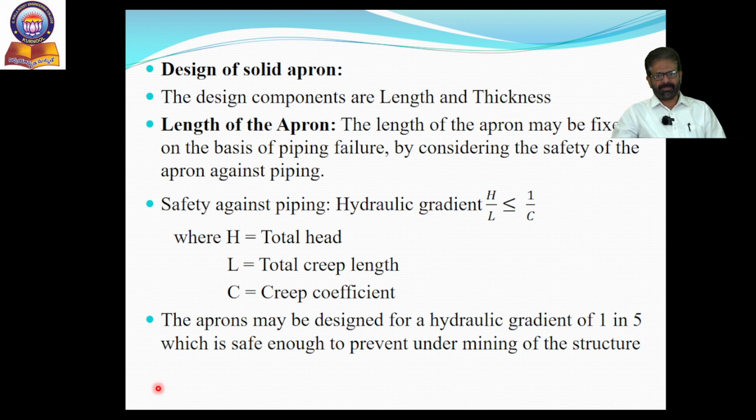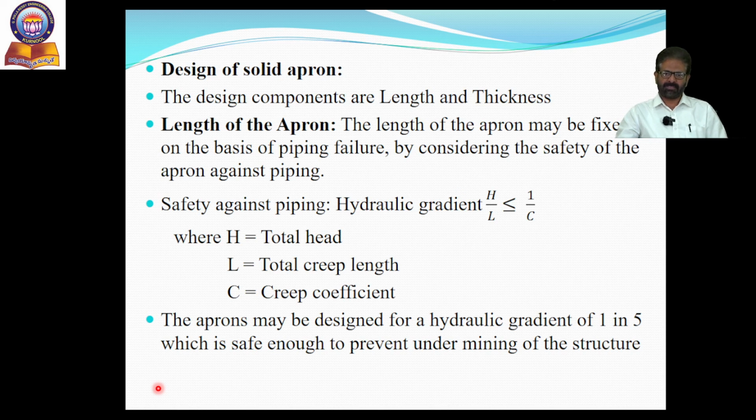The aprons may be designed for a hydraulic gradient of 1 in 5, which is safe enough to prevent undermining of the structure. Generally, how to adopt the value of this hydraulic gradient, in which H by L is equal to 1 by C, where C is the creep coefficient? Generally this creep coefficient as per Bligh's theory is in between 5 to 17.